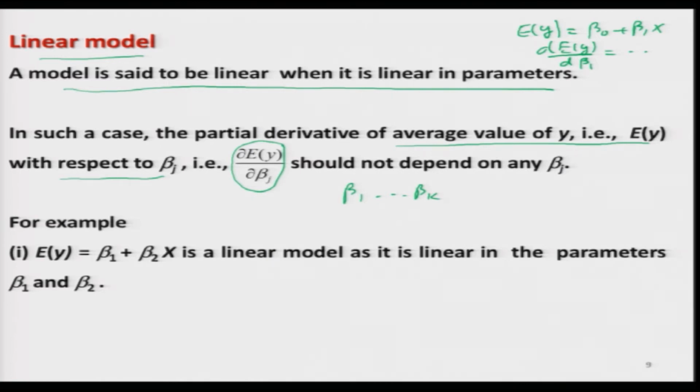The model is said to be linear if all the partial derivatives with respect to each of the parameters do not depend on any of beta 1, beta 2, beta k. So, if there is more than one variable, the condition is this: every partial derivative should be independent of the parameters.